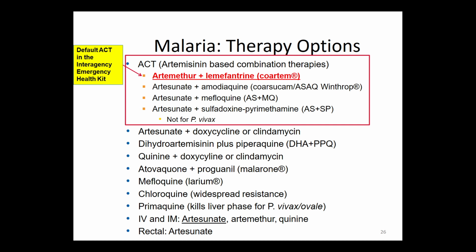Also, it may be artesunate plus doxycycline or clindamycin, dihydroartemisinin plus piperaquine, quinine plus doxycycline or clindamycin, atovaquone plus proguanil, mefloquine, chloroquine, with widespread resistance for the moment but still used in some regions, and primaquine, which kills the liver phase for vivax and ovale. Intravenous or intramuscular artesunate or artemether may be given, and even artesunate may be given in rectal forms.